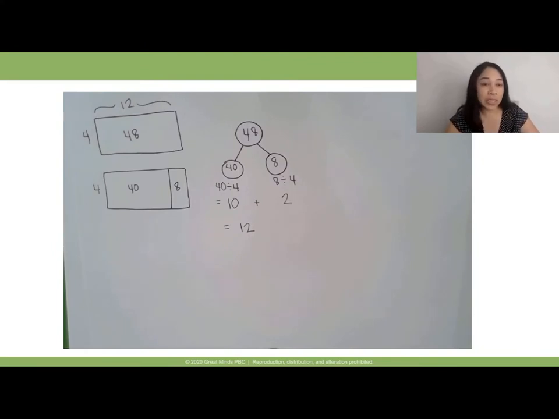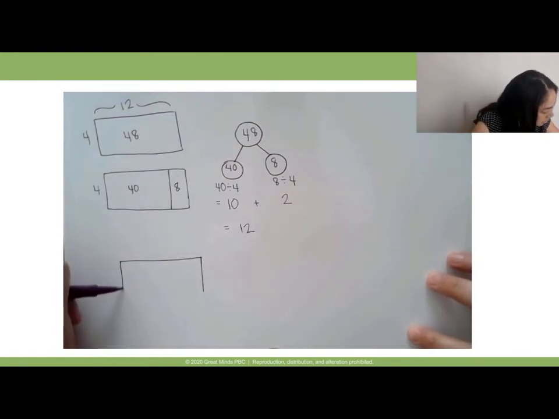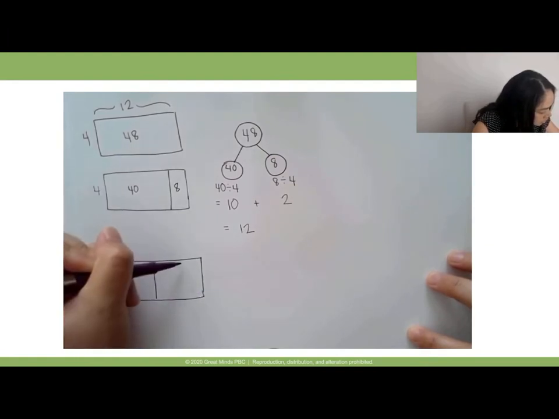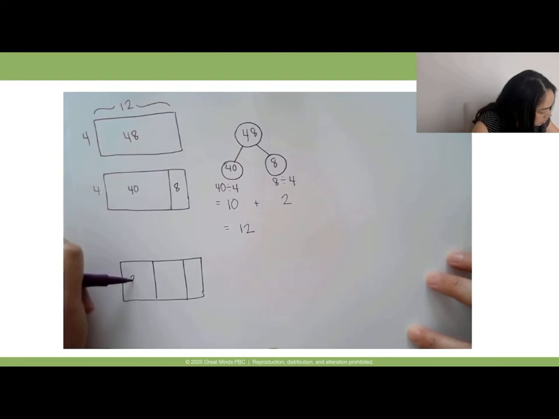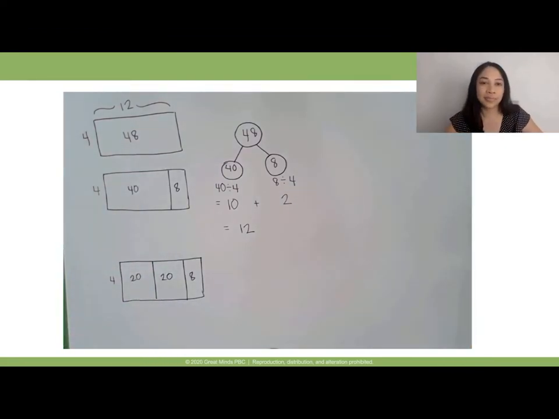Now we're going to partition the same area of 48, this time as 2 20s and 8. Next, I'd like you to pause the video here to draw a number bond that matches the whole and the parts of this rectangle.